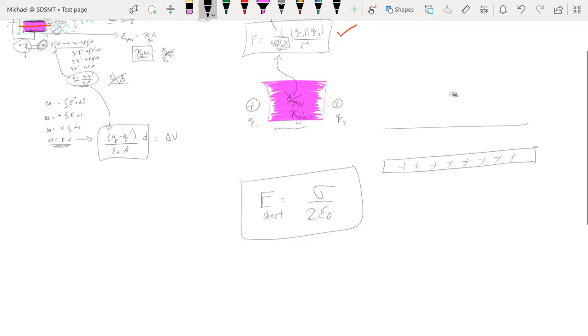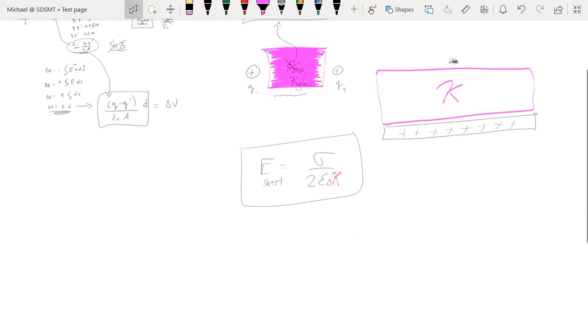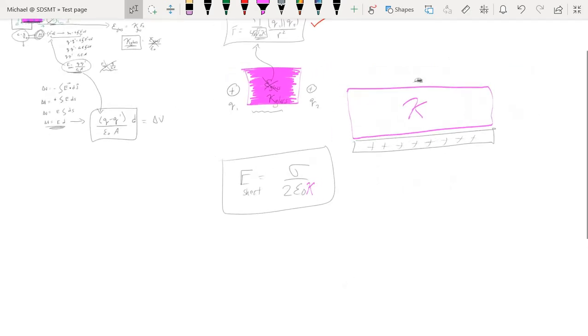Now, let's put a sheet of glass between that infinite sheet and where you're trying to measure things. Well, how do we find the electric field now? We just need to incorporate that dielectric constant with epsilon naught, and now we're done. Our equation has been updated for the dielectric constant of that material.